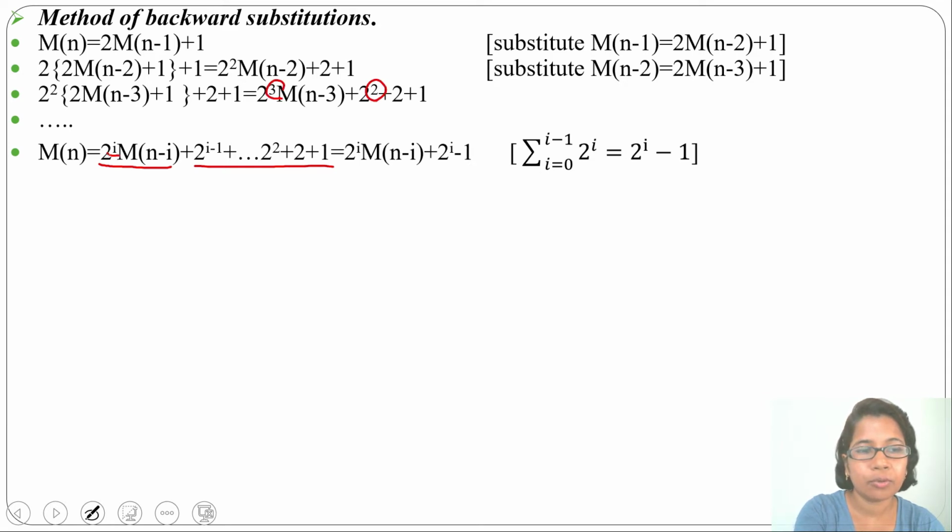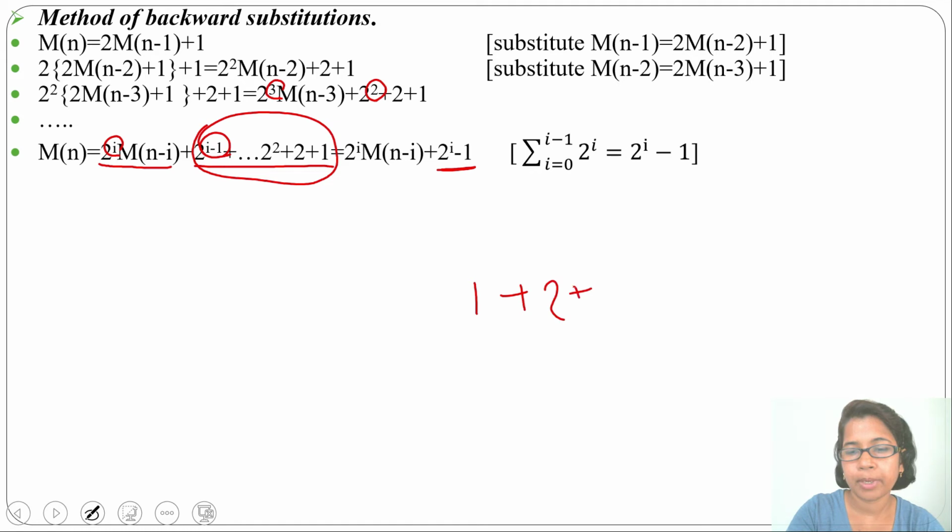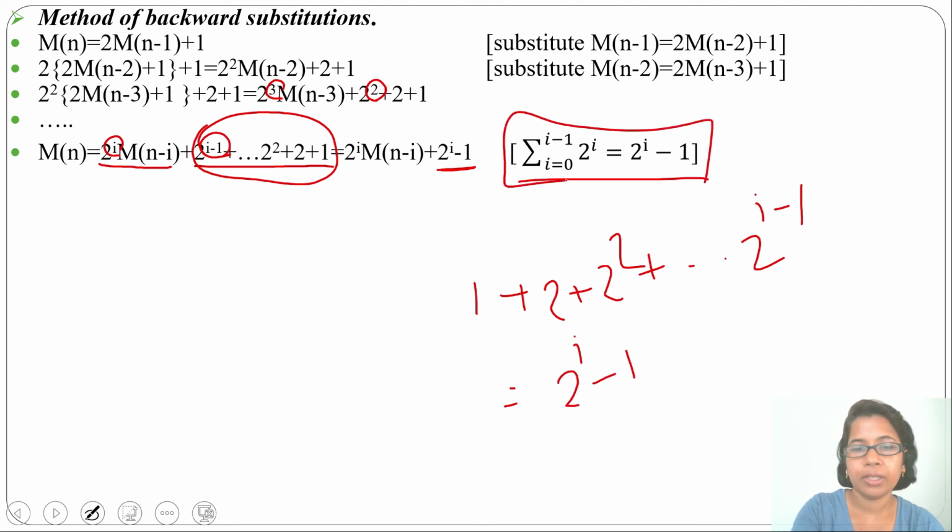So when it will be 2 power i, here it will be 2 power i minus 1. And for this addition, there is a formula. We can write 1 plus 2 plus 2 square up to 2 power i minus 1 as 2 power i minus 1. This is the formula that we use here.